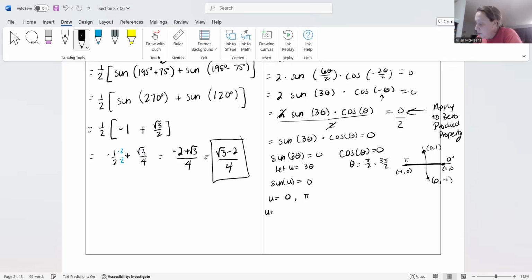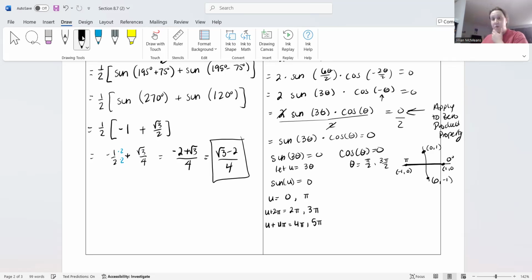So we want to do u plus 2 pi. So 0 plus 2 pi is 2 pi. Pi plus 2 pi is 3 pi. And then if we do another cycle, it would be u plus 4 pi. So 0 plus 4 pi is 4 pi. Pi plus 4 pi is 5 pi.